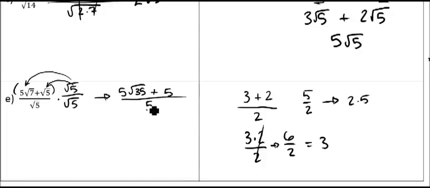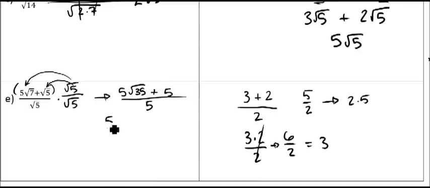Now, when I'm here, I see there's 5s all over the place. And many of us may be tempted to just try and cancel these. We can't do that. However, in my numerator, there is a common factor. I have two terms, this term and the second term, and they have a common factor of 5. So I'm going to factor out that common factor of 5.